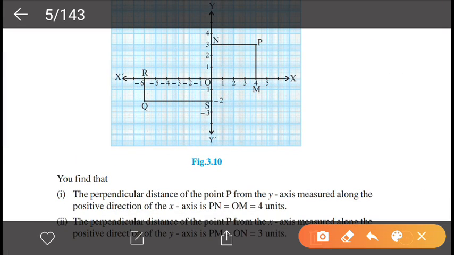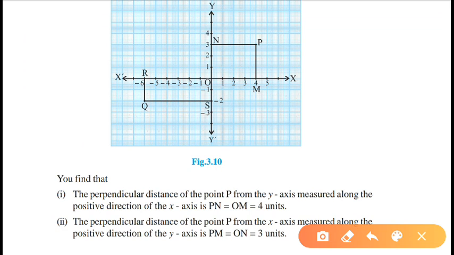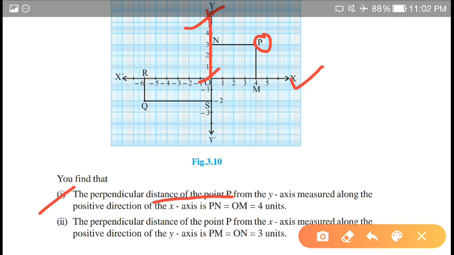Now the most important thing described over here is how to locate different points. You have the x-axis, you have the y-axis, you have the origin. Now the perpendicular distance of the point P, you are able to see the point P, from the y-axis, this is your y-axis.